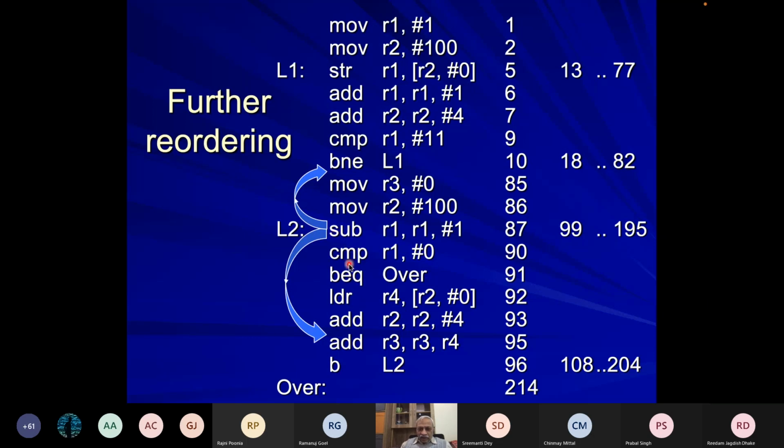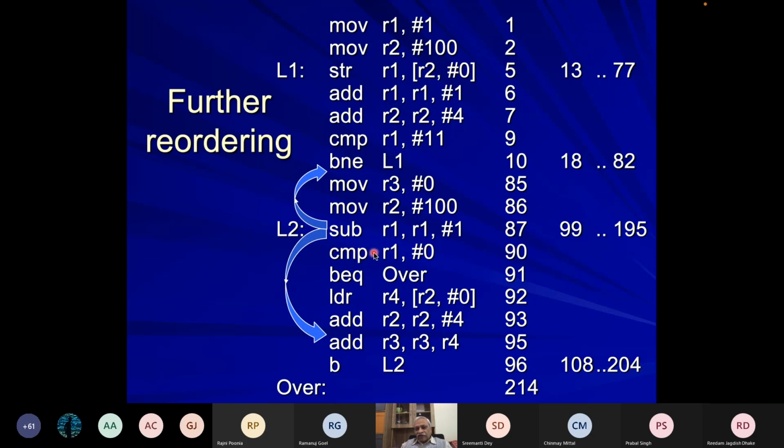What is happening now is that you're going till the end of the loop and then subtracting for the purpose of this testing here. So instead of that, suppose before you go back somewhere here, you do this subtraction. So you have already done the subtraction, and then you only need to compare that with 0.